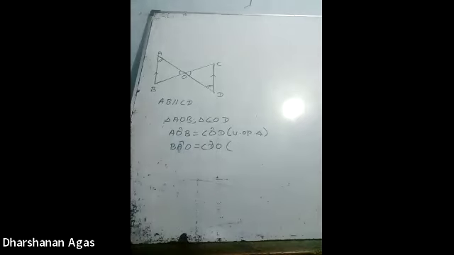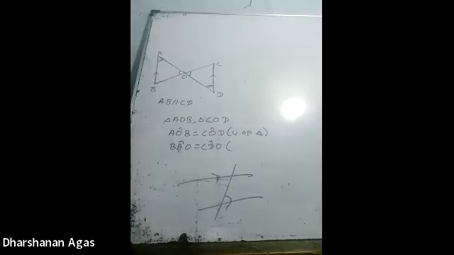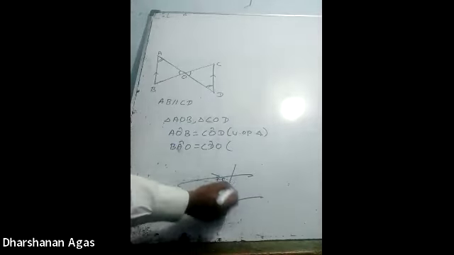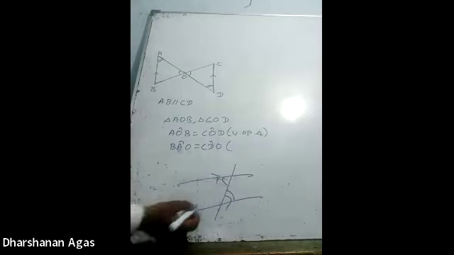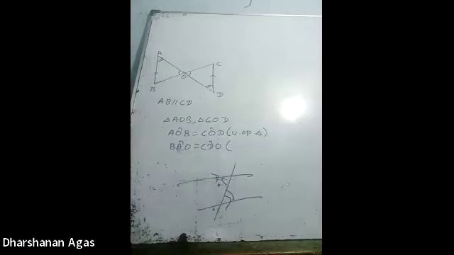What is the reason, students? Alternate angles, but alternate angles are not equal always. The corresponding angle also is the same. When a line is passing through parallel lines, the alternate angles are equal, corresponding angles are equal, and allied angles add to 180.